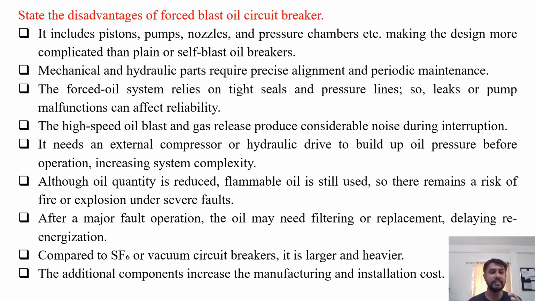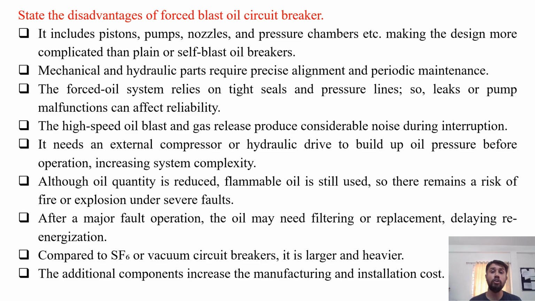It needs an external compressor or hydraulic drive to build up oil pressure before the operation, which increases the system complexity. Although oil quantity is reduced, flammable oil is still used, so there remains a risk of fire or explosion under severe fault conditions.